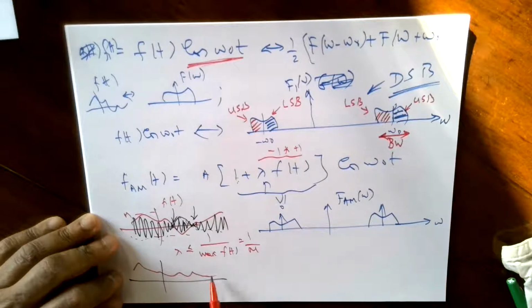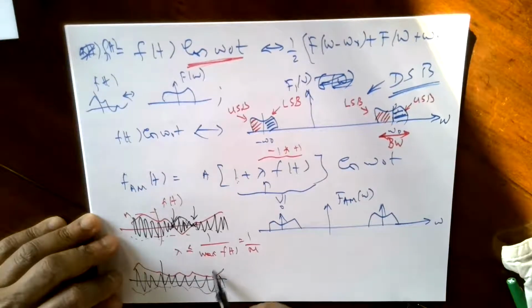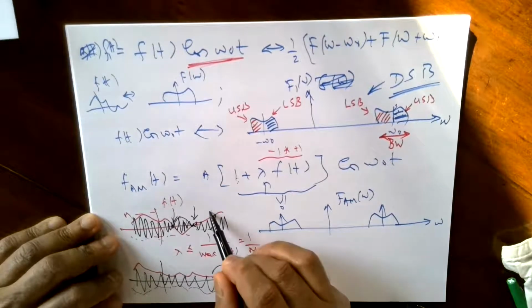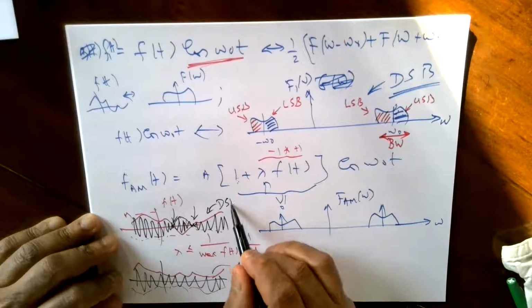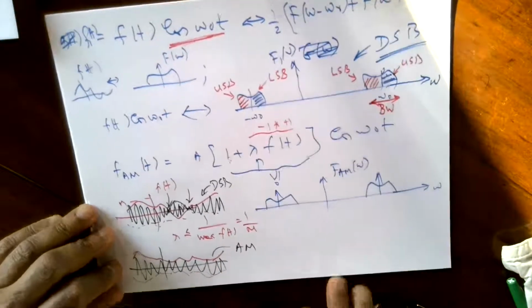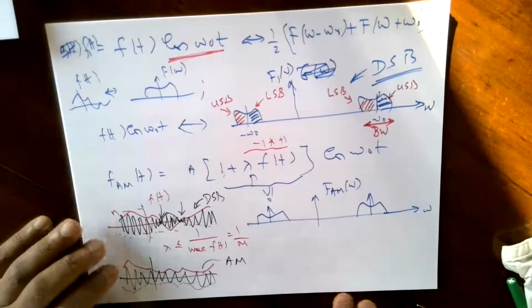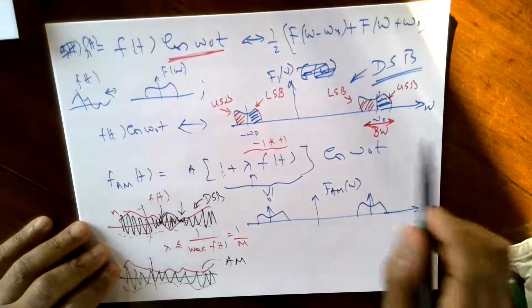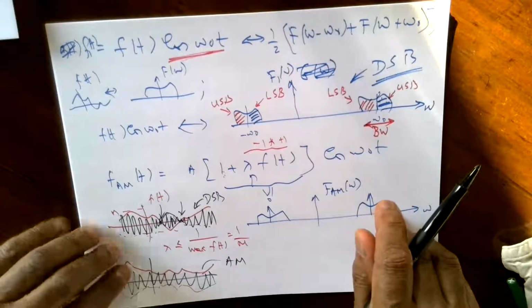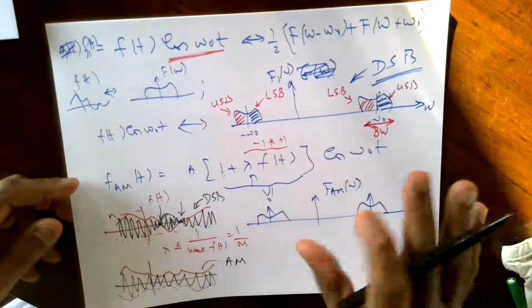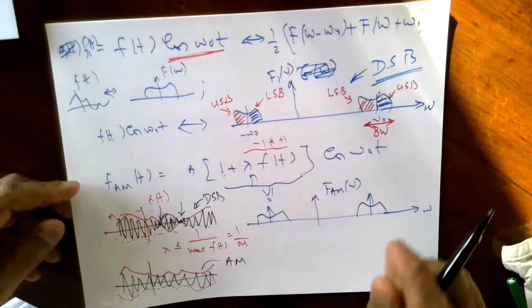That same signal will now look like this, all on one side. Now if you modulate, of course, it's going to look like this. So this is AM, this is double sideband modulation. That's what we have discussed so far. So the question is, how do we save bandwidth? Something needs to be done, and this is where the Hilbert transform comes in.